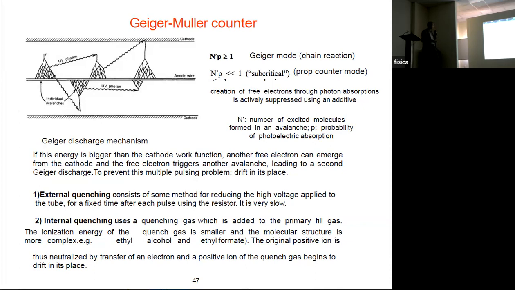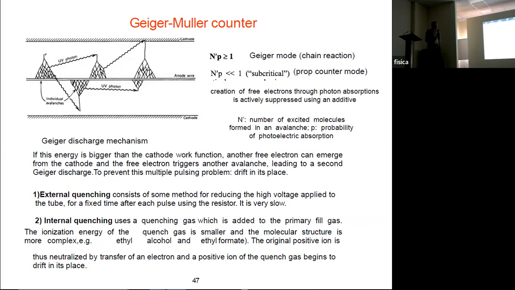But there is also a problem: there are also ions which are produced, and these ions can also trigger other avalanches, and this process never stops.